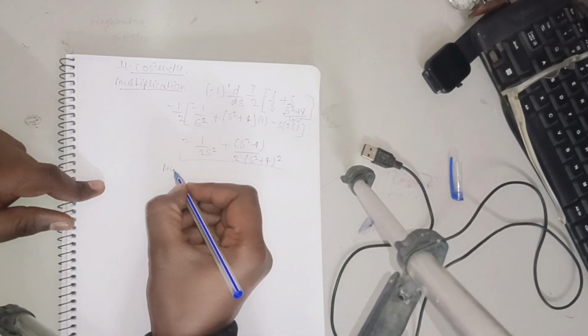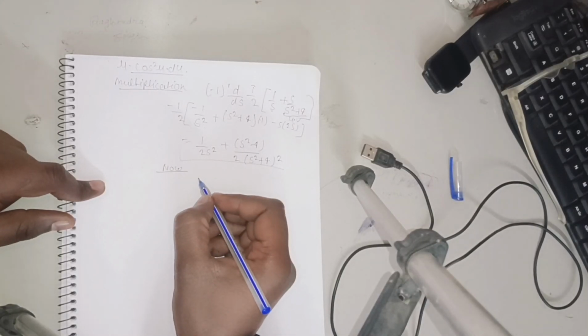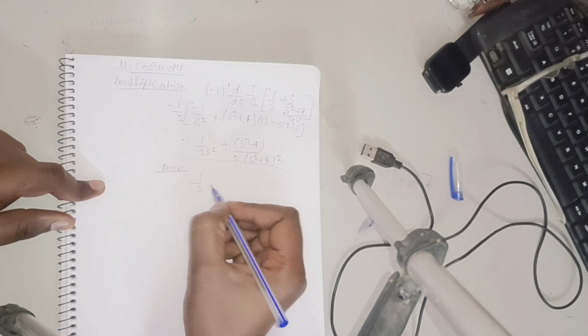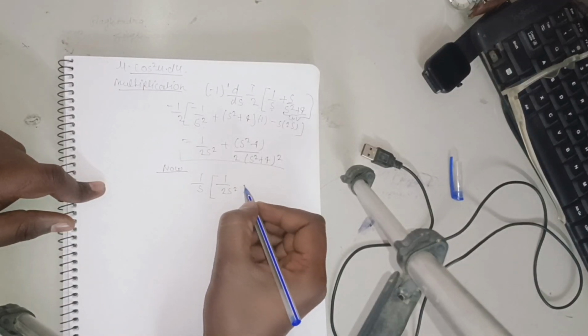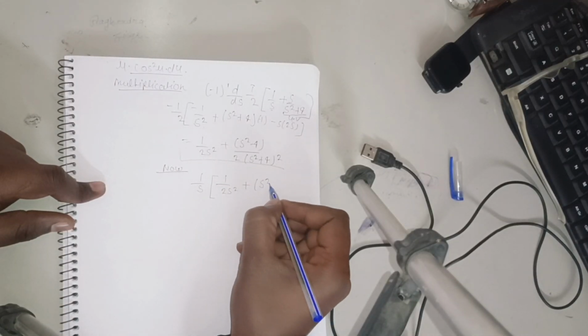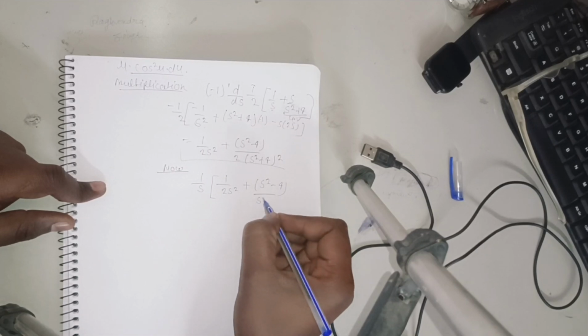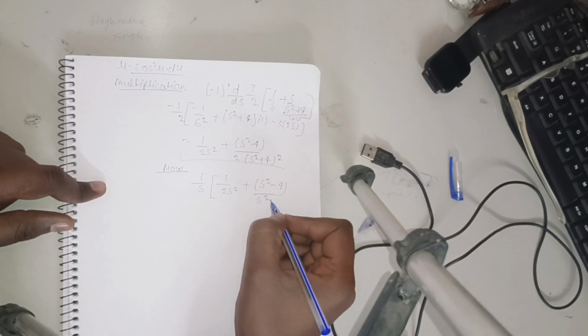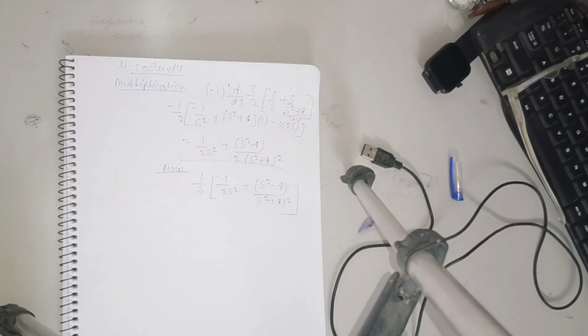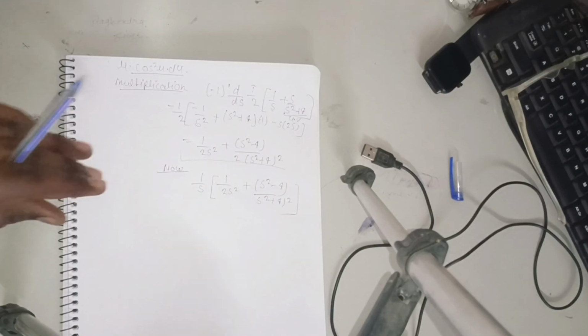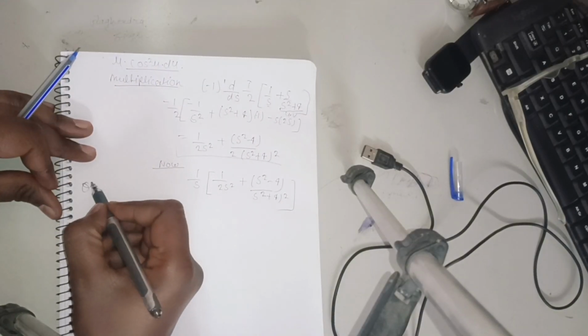Now the integral property, that is 1 upon s into 1 upon 2, s square minus 4 upon s square plus 4 whole square. Okay, yes. Let's take another question.